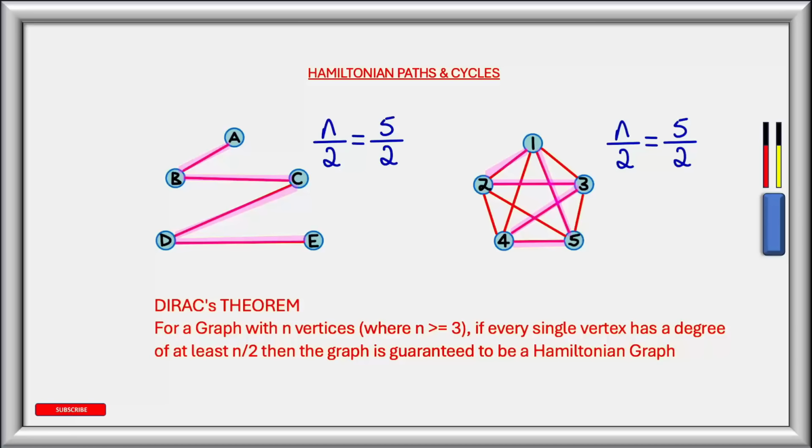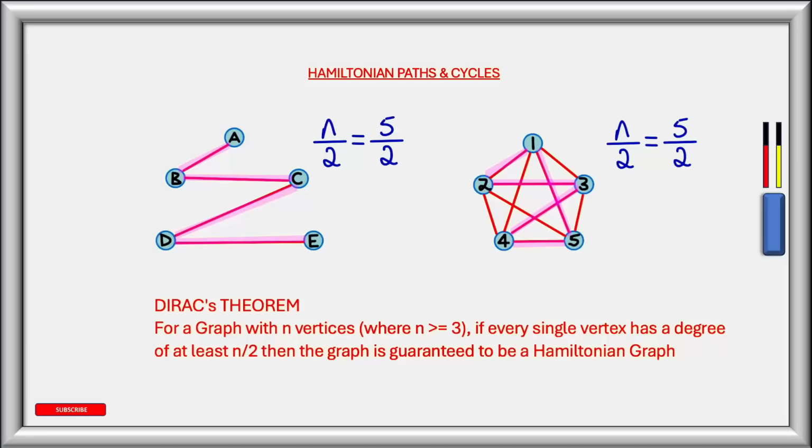And if we apply the theorem to the graph on the right of the board, which again has 5 vertices, so n is equal to 5, n divided by 2 is 5 divided by 2, which again is 2.5, and we round this number up to 3, as we can't have half an edge. And so for this to be guaranteed to be a Hamiltonian graph, every vertex has to have a degree of at least 3.